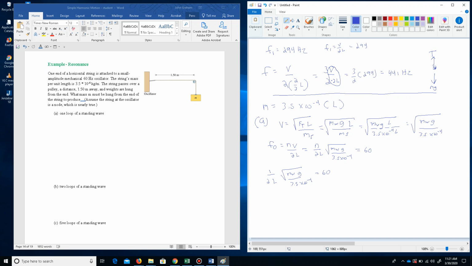And then we want to solve for mW basically. So we'll multiply this by 2L. So the square root of mW g over 3.5 times 10 to the negative 4 equals 2 times 60 times L. And then we can square both sides.